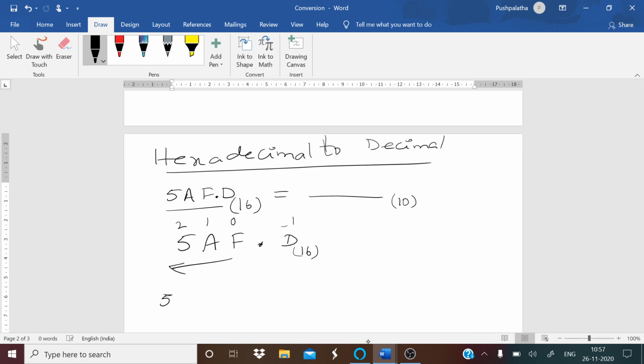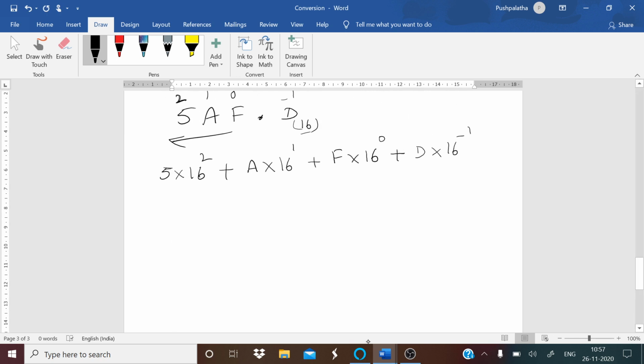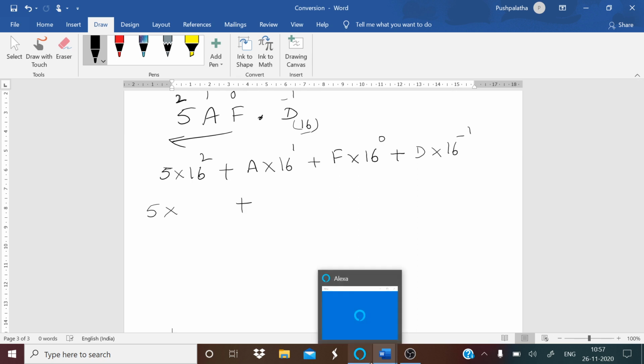So the first number 5 into 16 to the power of 2, plus A into 16 to the power of 1, plus F into 16 to the power of 0, plus D into 16 to the power of minus 1. What is 16 into 16? 16 into 16 gives you 256.